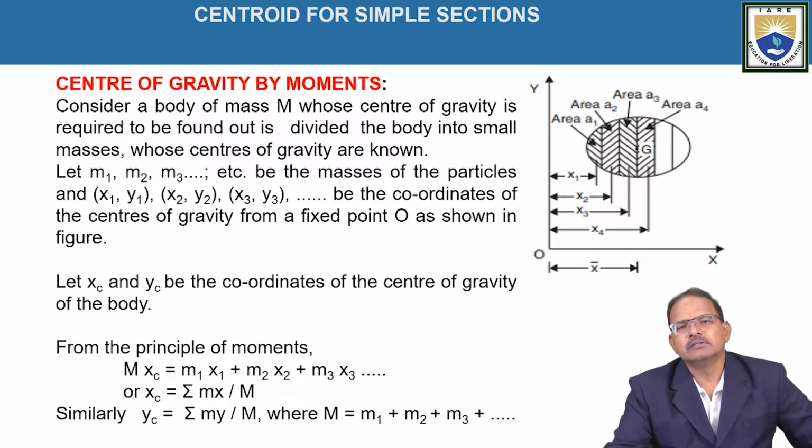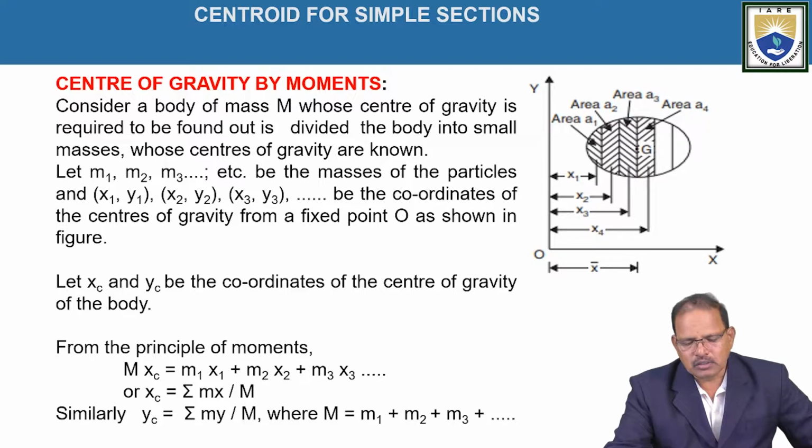It states that the moment created by the resultant force at any point should be equal to the algebraic sum of the moments created by its components at that point. Let us assume each element has masses m1, m2, m3. Hence the corresponding weights are W1, W2, W3, where W1 is equal to m1 into g.